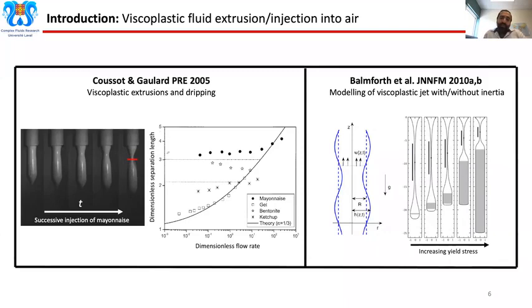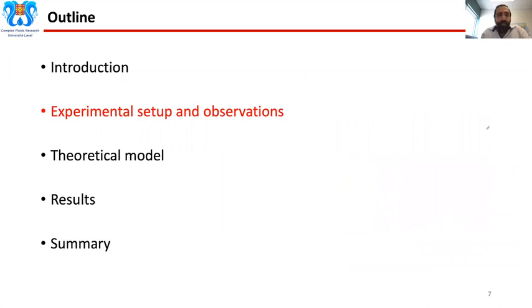They have also looked at the separation lengths versus flow rate for different types of materials. In another relevant work, Balmforth has worked on the modeling of viscoplastic jets with and without inertial terms. An example of the results is given here. By increasing the yield stress, we can see how the unyielded zone and also the pinch-off point are affected.